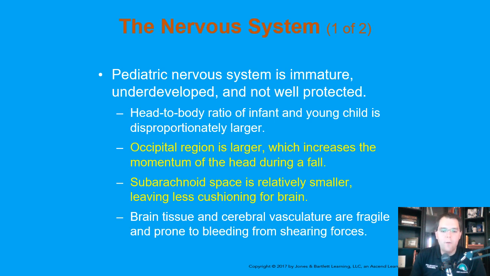Their head to body ratio is disproportionately large for the infant and the young child. Their nervous system is immature, it is underdeveloped, and it is not as well protected as for an adult. The subarachnoid space is relatively smaller than an adult's. There is less cushioning there, and so even a small bleed can cause a problem.